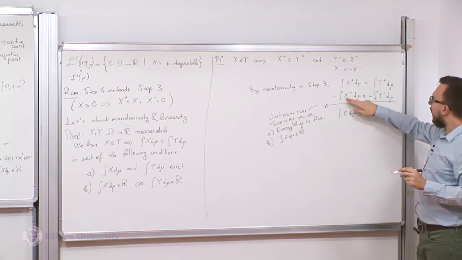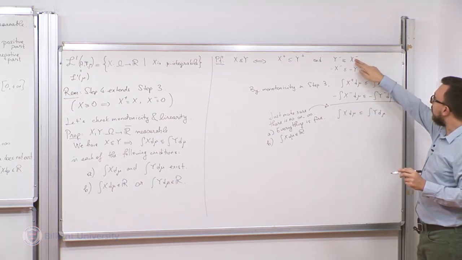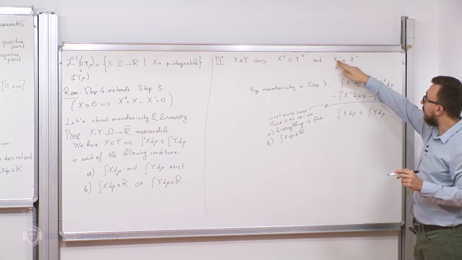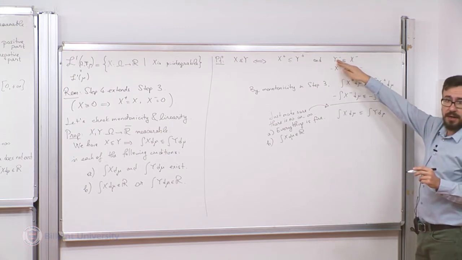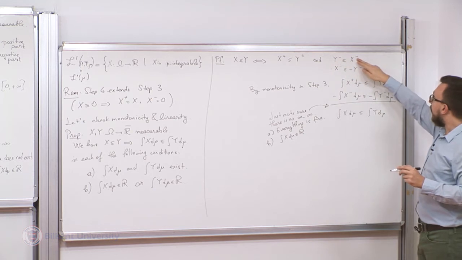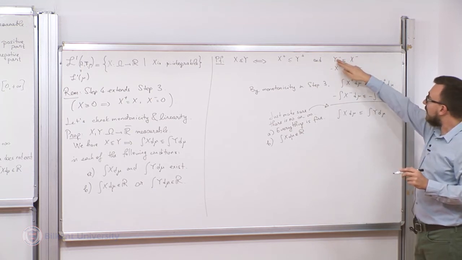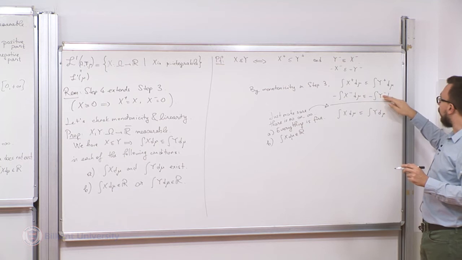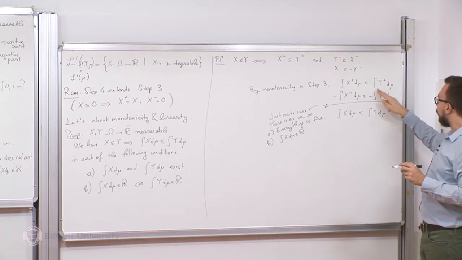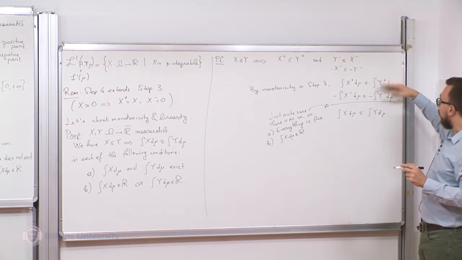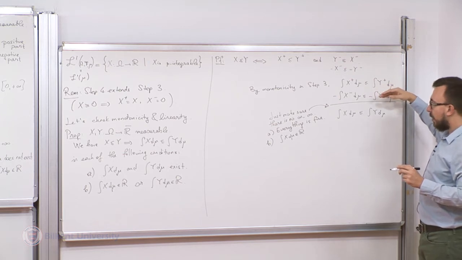But if this is integrable, if the integral of this is finite, then the integral of this must be finite as well, right? So the integral of x minus is finite, then the integral of y minus is finite. Therefore, you have this term being finite, so you avoid infinity minus infinity. Okay?